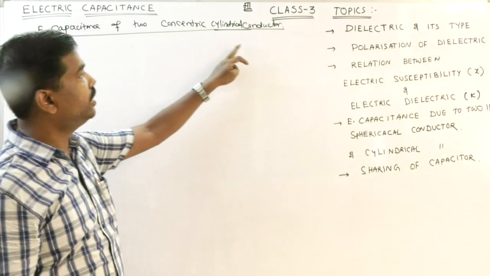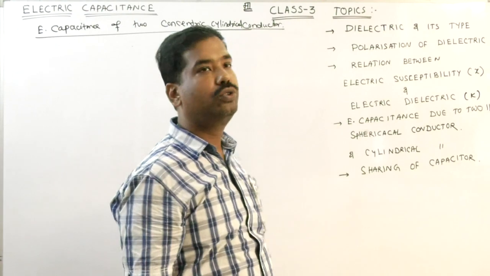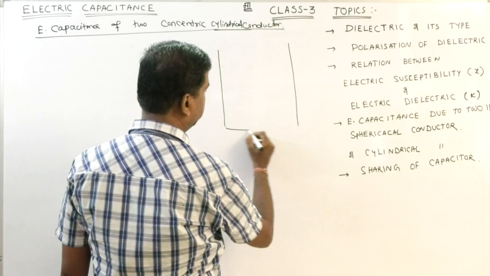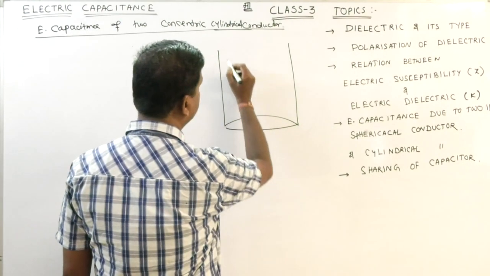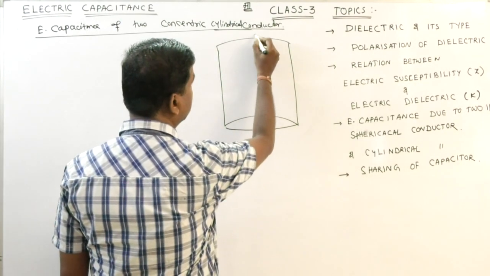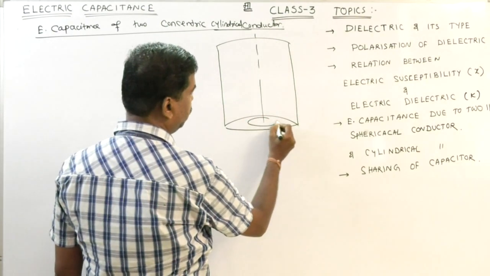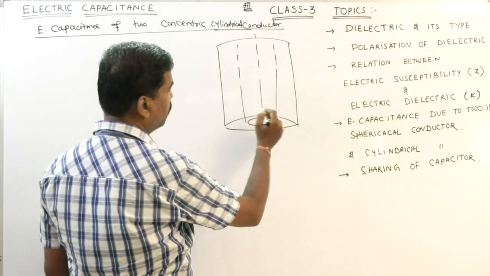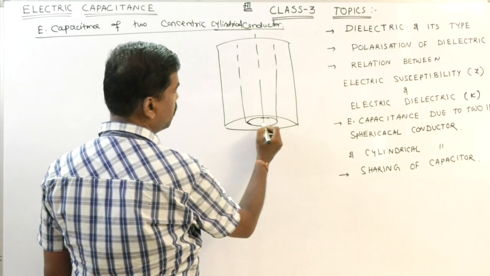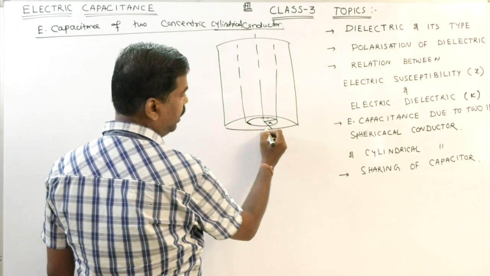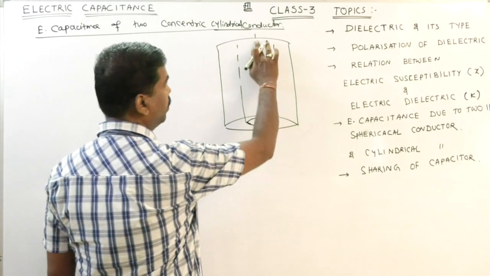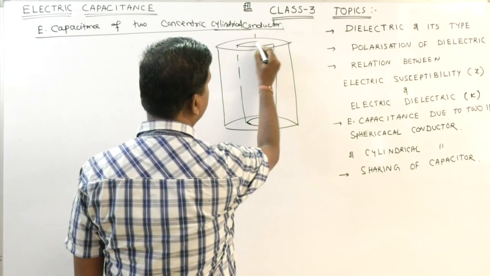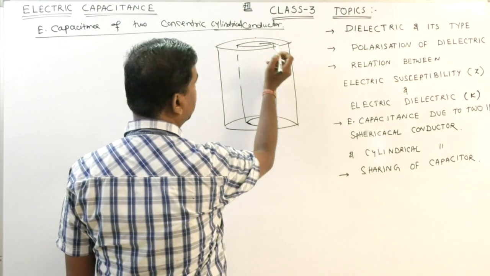Electric capacitance of two concentric cylindrical conductors. Now, two cylindrical conductors. Let us imagine I have assumed a cylindrical conductor. The inner cylinder has radius A and the outer surface is B. Clear?